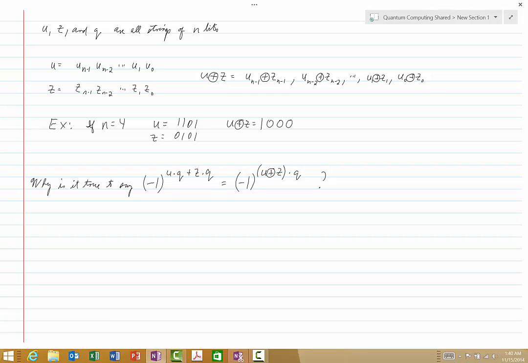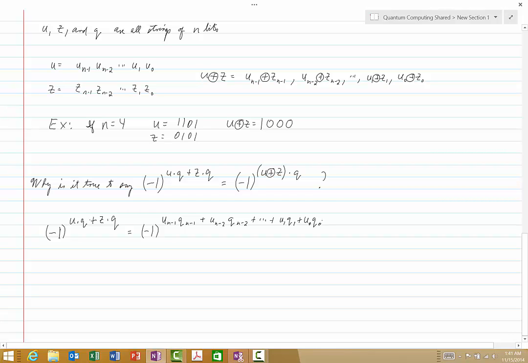And to understand this better, let's maybe write it out like this. -1 to the U dot Q plus Z dot Q is equal to -1 to the u n minus 1 q n minus 1 plus u n minus 2 q n minus 2 plus, dot, dot, dot, plus u1 q1 plus u0 q0.